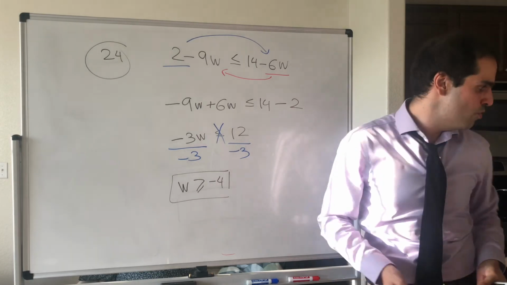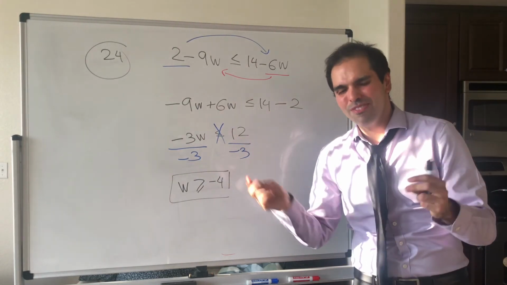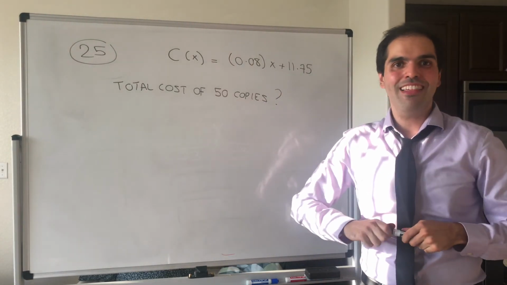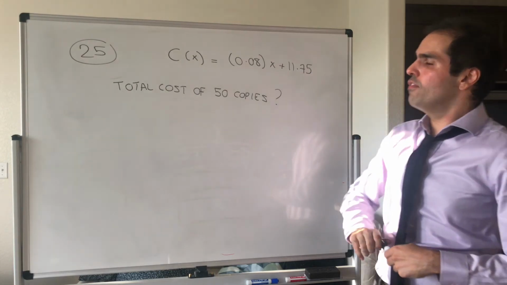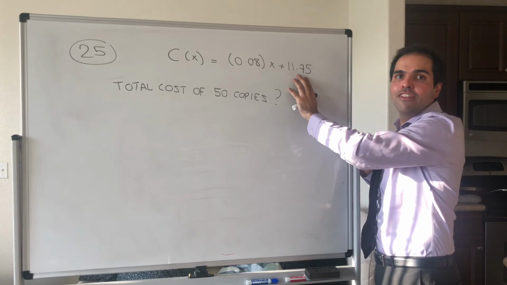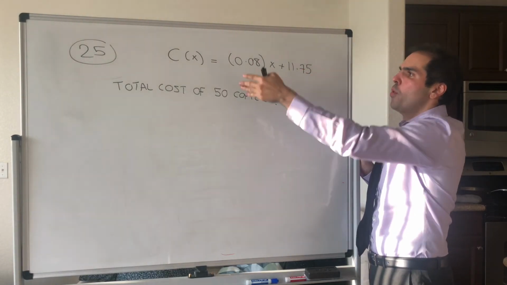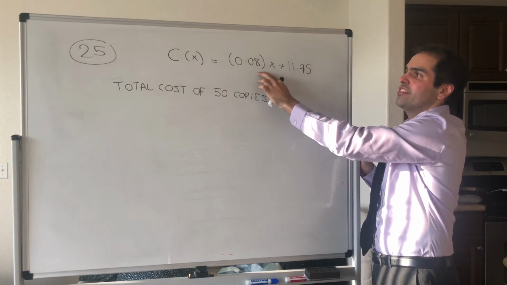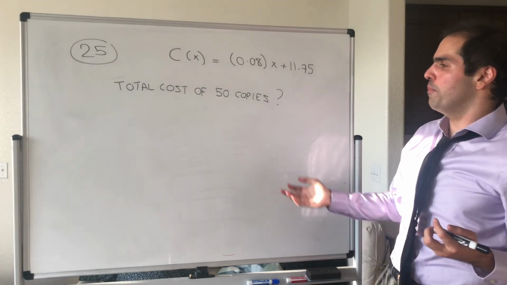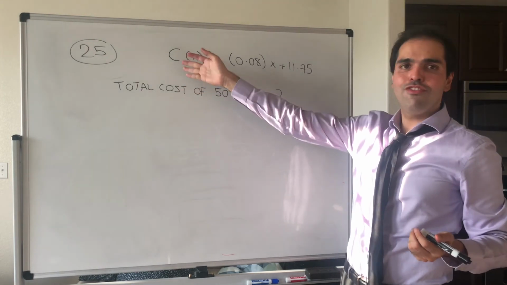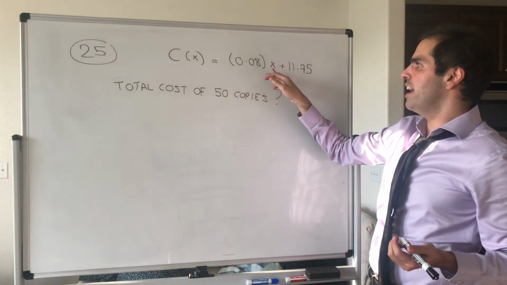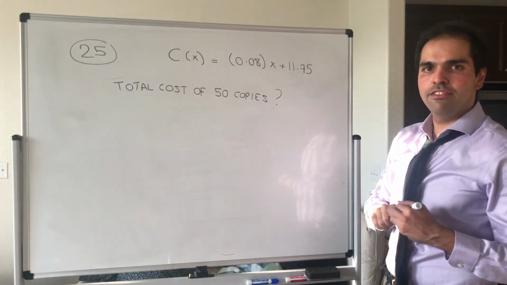And now let's move on to, not word problems, but you'll see what I mean. All right, here's a word problem, but only the math matters here. Suppose you have a photocopy service that charges you a base fee of $11.75, and per copy it charges you 8 cents, so $0.08. What is the cost of 50 copies? Here the function is the cost of making x copies is 0.08x plus 11.75.